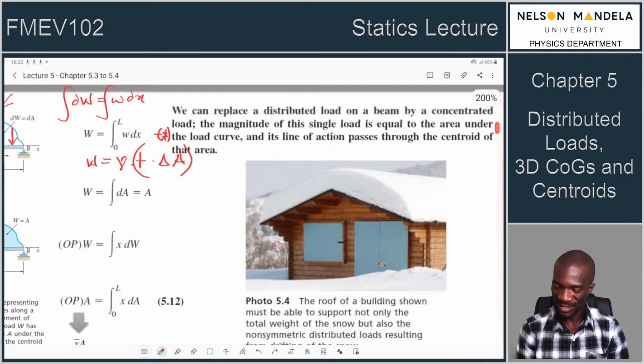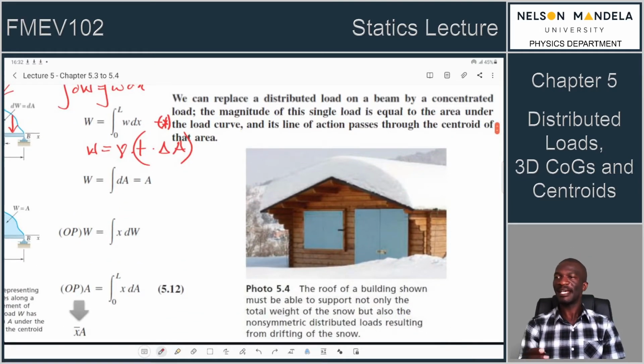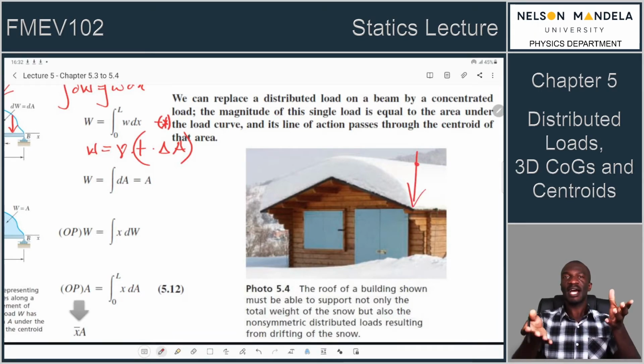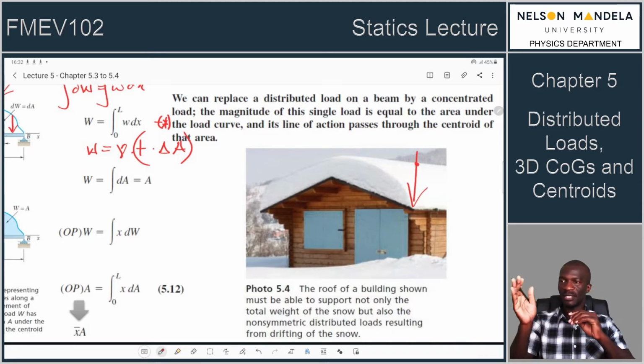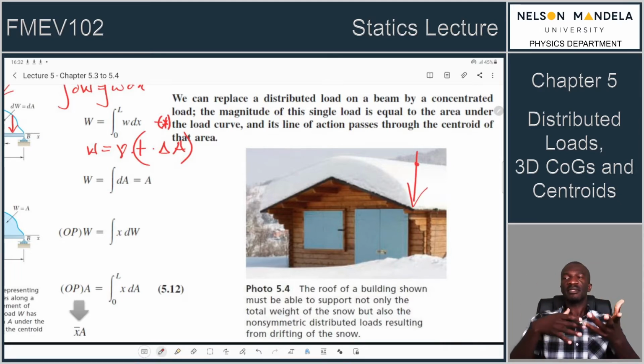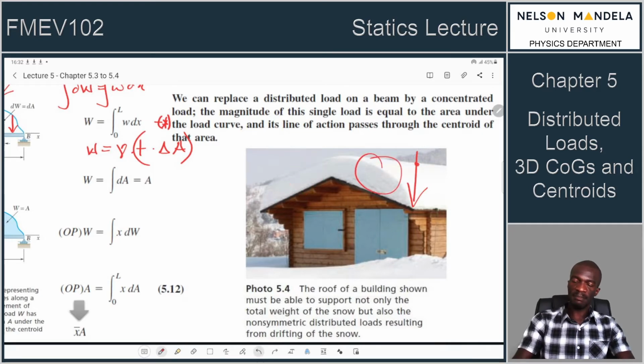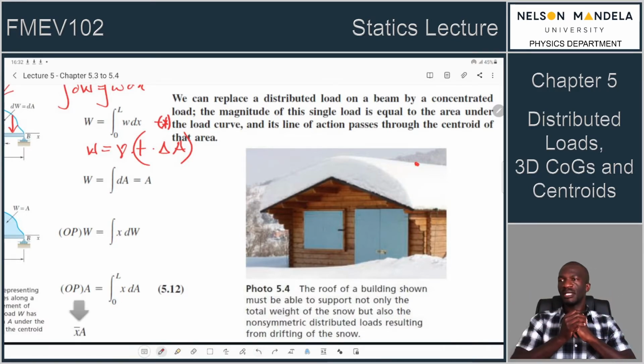This means that for this roof, there must be a particular point at which the concentrated load acts. When we are coming up with the structure for this roof, from the experience of these snow build-ups, we should be able to approximate and say there must be a support beam at this particular location of the roof because of the loading that we experience due to snow.